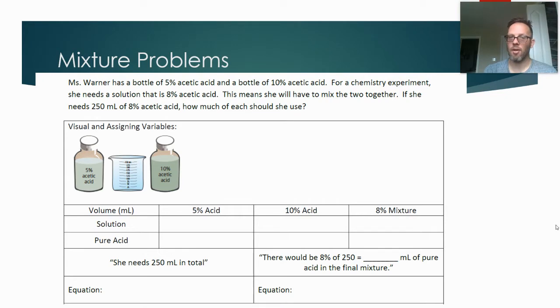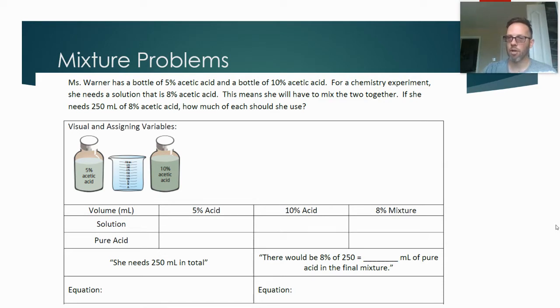In the second, 90% is water and 10% is acid. So there's more acid. It's a stronger acid. It might be more harmful if it comes into contact with you. But for a science experiment, she doesn't need 5% or 10%. She needs to make a mixture that's 8% acetic acid, and she needs 250 milliliters of the 8% acid.